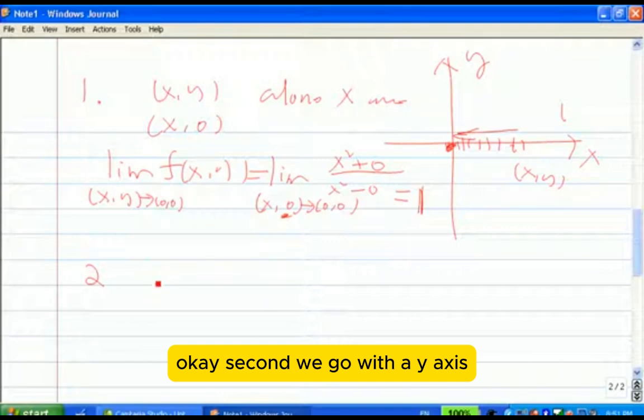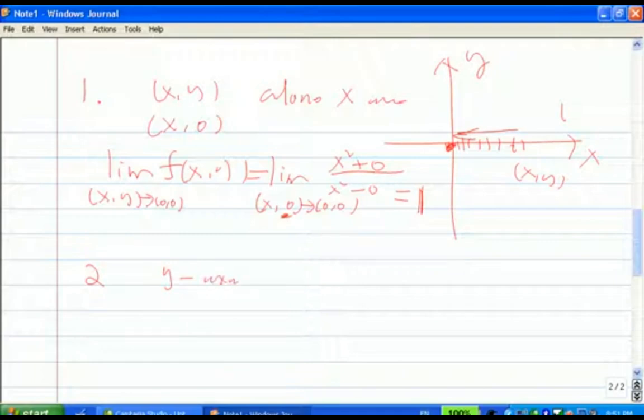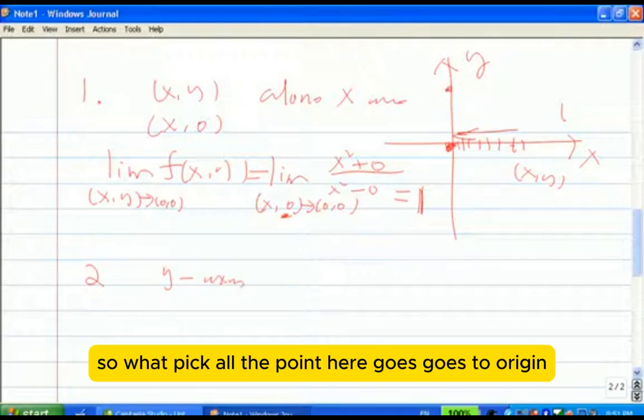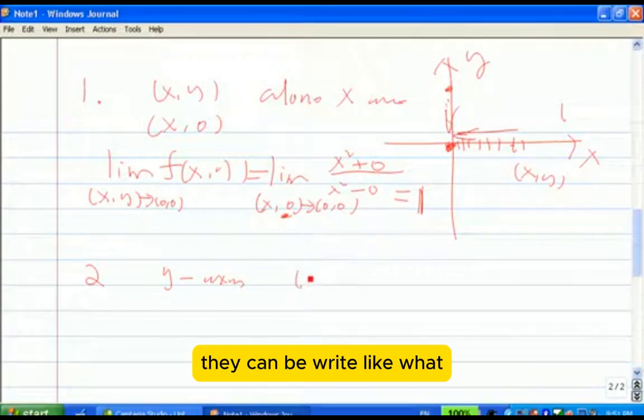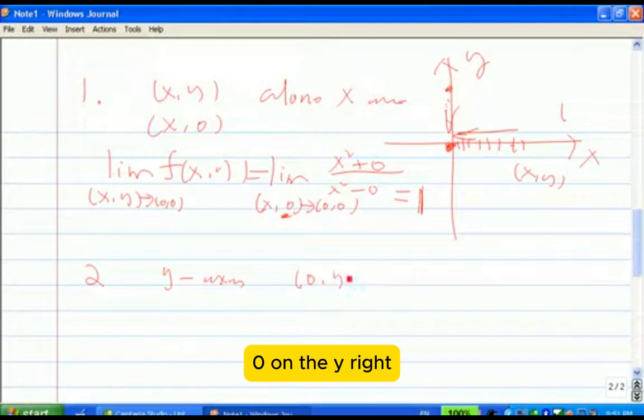Okay, second, we go with the y-axis. So we pick all the points going to the origin, but along the y-axis. Every point on the y-axis can be written like what? 0 and y, right?